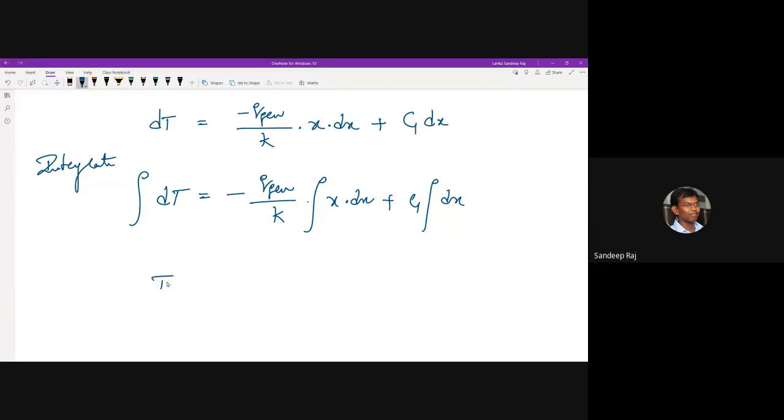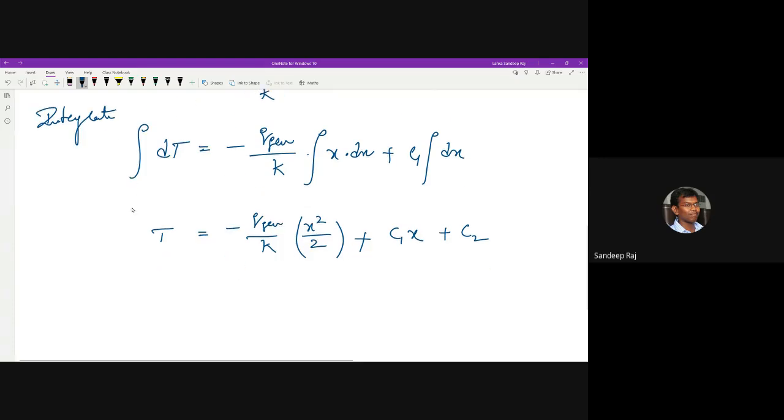On the left hand side, I'll get simply T. Then minus Qgen by K into integral x dx: integral x to the power 1 dx is x to the power n plus 1 by n plus 1, so x square by 2. Plus integral dx is x, so C1 into x, plus a constant C2 that I have to add because I'm not doing the integration with limits.